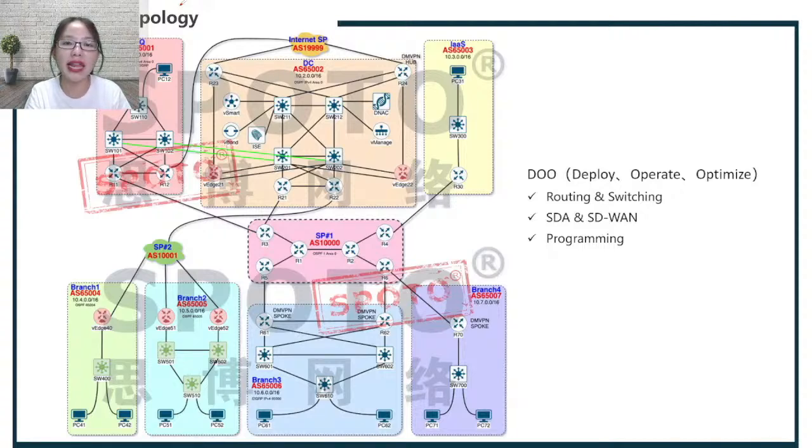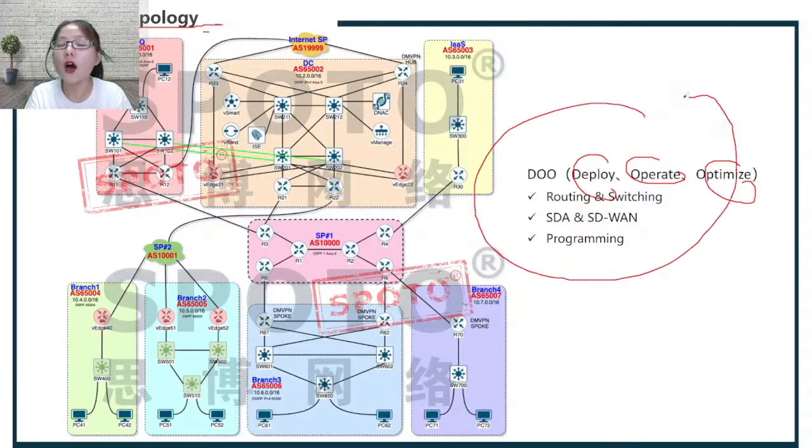This is the complete EI lab topology diagram, which mainly examines candidates' ability to deploy, operate, and optimize. It is configured from routing and switching.